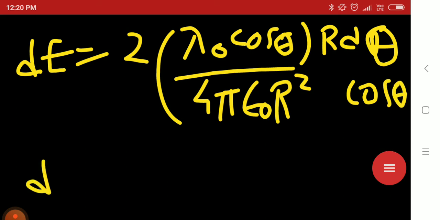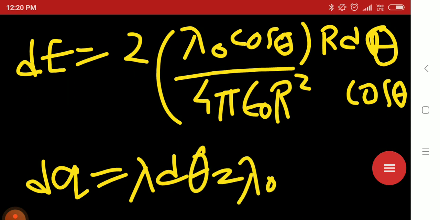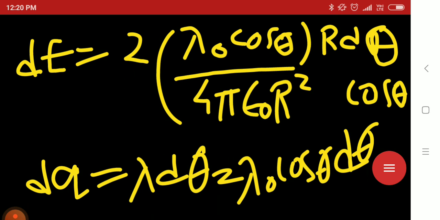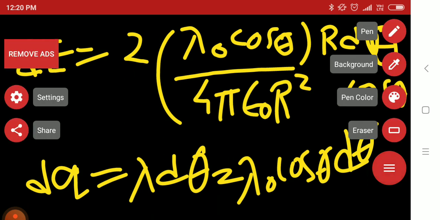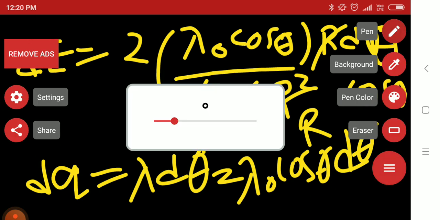We have broken it into dq equals lambda dl, and lambda equals lambda 0 cos theta, with dl equals r d theta. Now if we integrate it, first of all r and r square will cancel, and here it will be r.